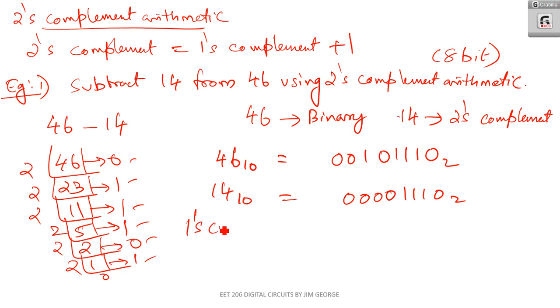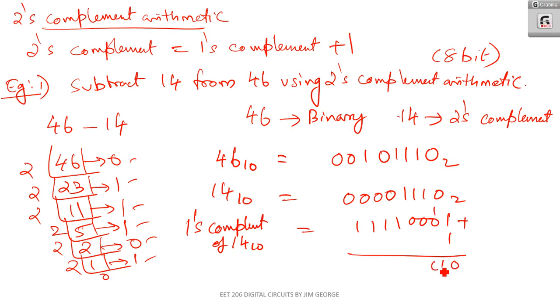First you take 1's complement and add 1. 1's complement of 14 to the base 10 is 11110001. You add 1. So what is it? 1 plus 1 is 0 with a carry 1. So you will get 11110010. Okay. So this is basically 2's complement.